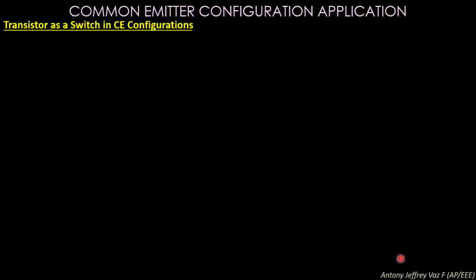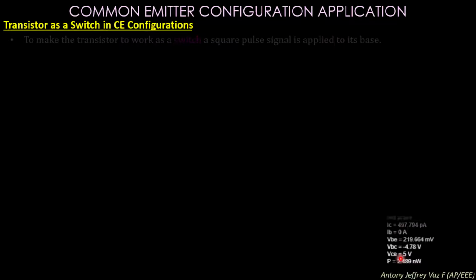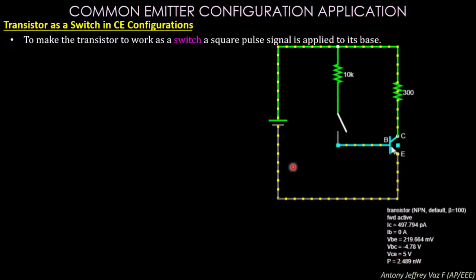First, in the case of a switch, how the transistor is working. To make the transistor work as a switch, a square pulse signal is applied to its base.